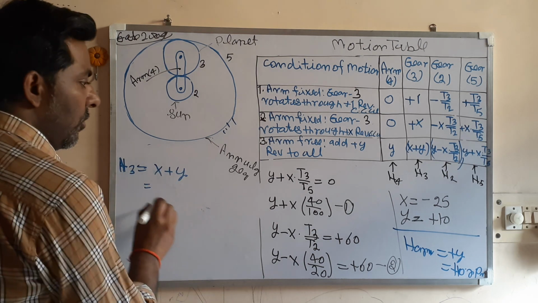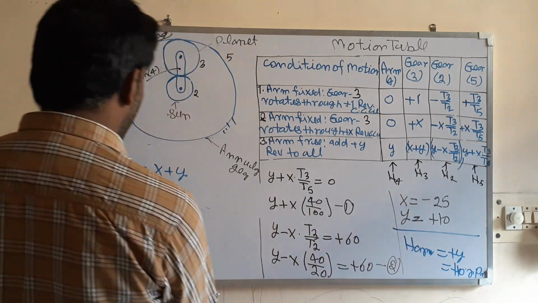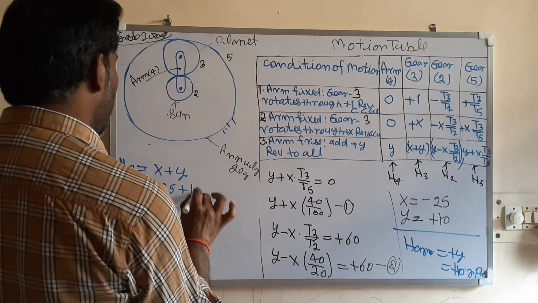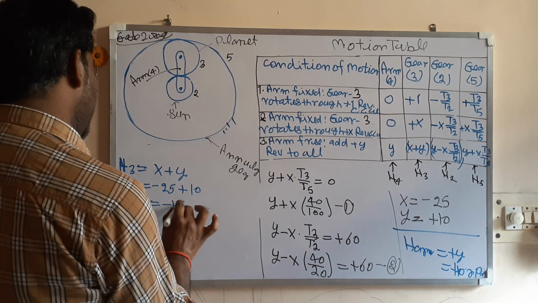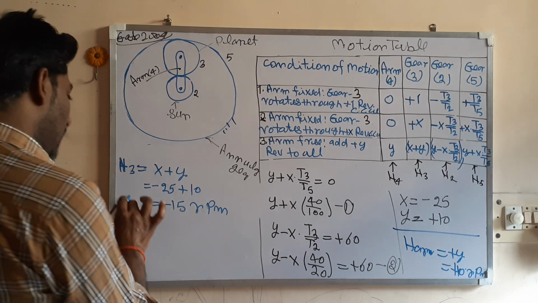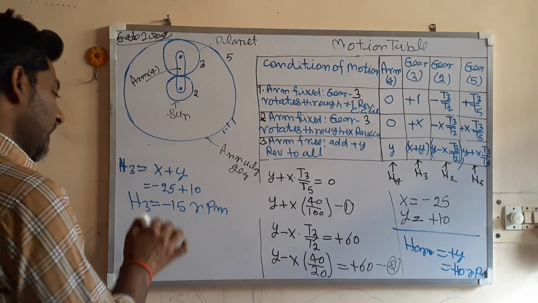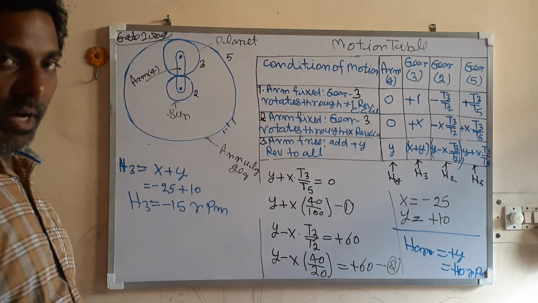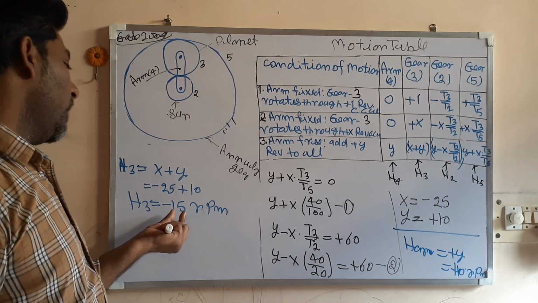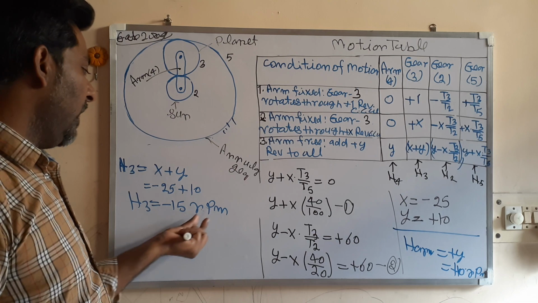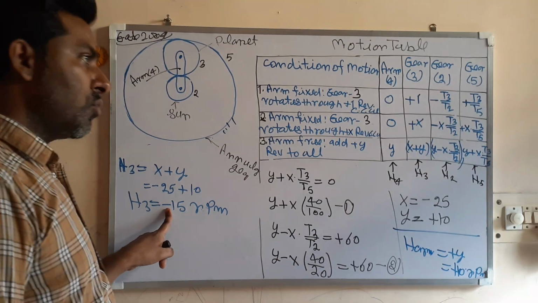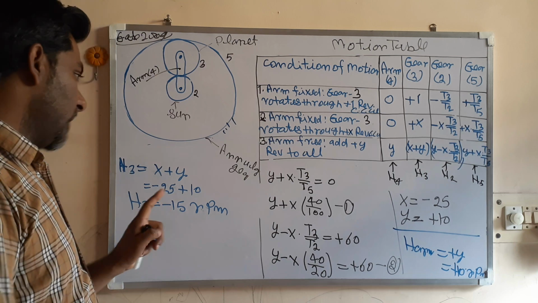Let us put the values: x is minus 25 plus y is plus 10. So I am getting minus 15 RPM. So the speed of gear 3 is minus 15 RPM. Minus 15 RPM means gear 3 is rotating with a speed of 15 RPM but in the clockwise direction. Negative sign means clockwise direction.